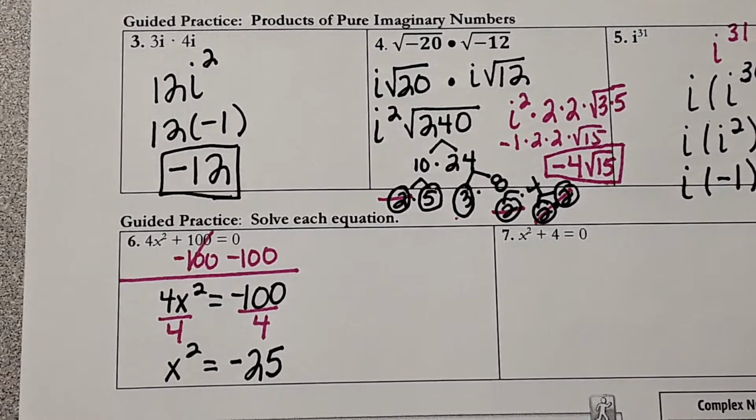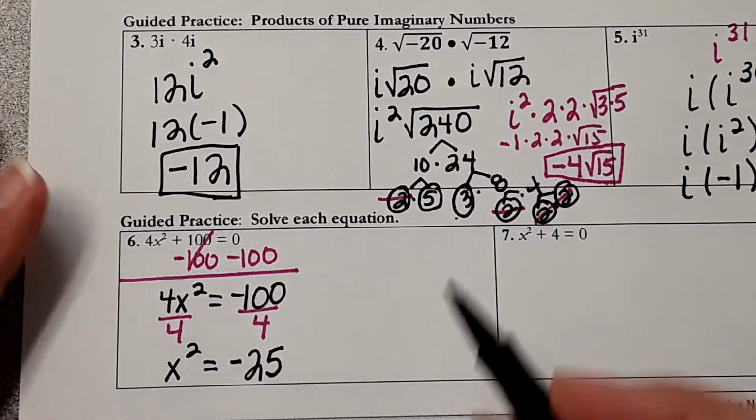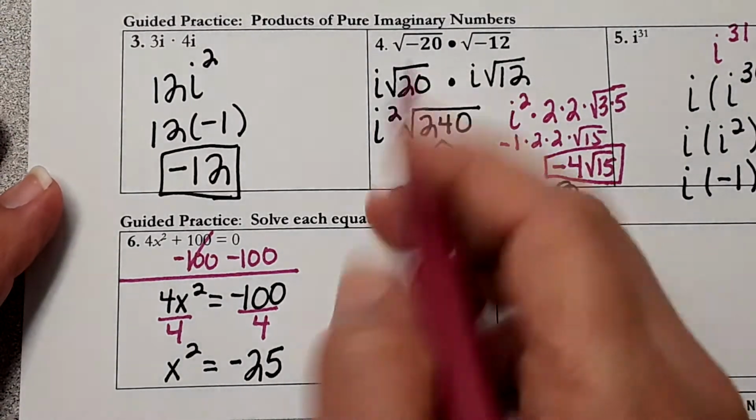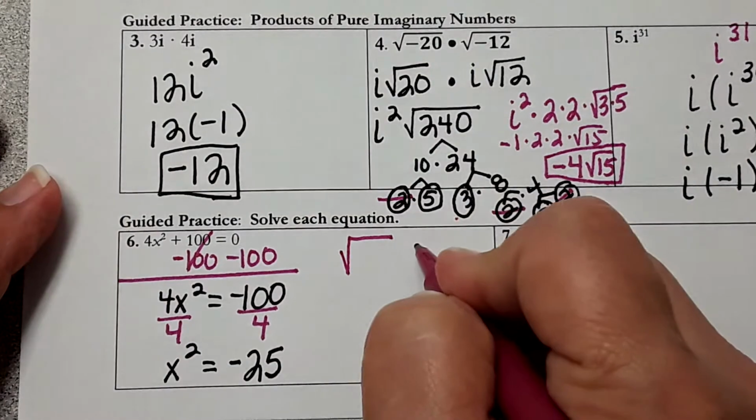And the reason I say you have to take the square root of both sides is because the inverse of x squared is squaring something. The inverse of squaring something is the square root. So we are going to take the square root of both sides.